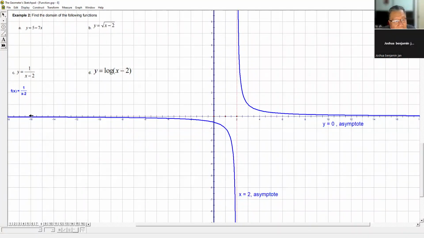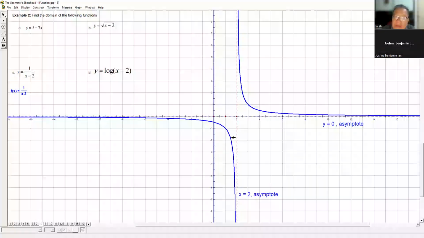Similarly, when you come from the left-hand side and you go down, you see that the value of x is all covered until here. But unfortunately, there's a red line here, and I told you this red line is the asymptote. So this blue line can never touch the red line.